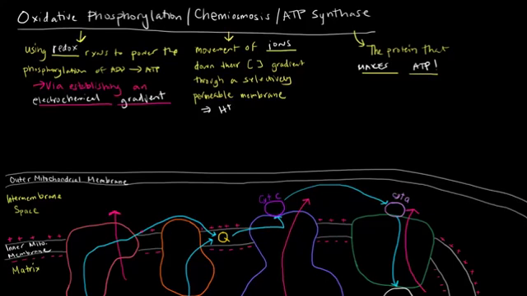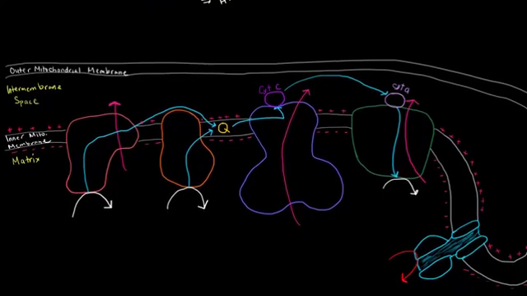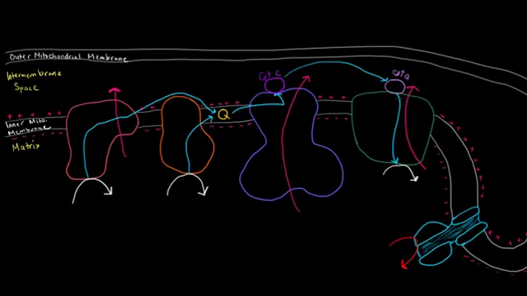Okay. Now, what does the electron transport chain look like? Let's think about it like this. We have 4 different protein complexes: complex number 1, complex number 2, complex number 3 here, and then complex number 4 down here. And then over here at the end, we've got good old ATP synthase.